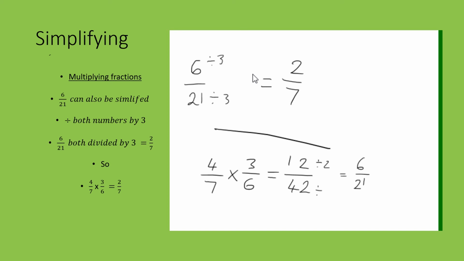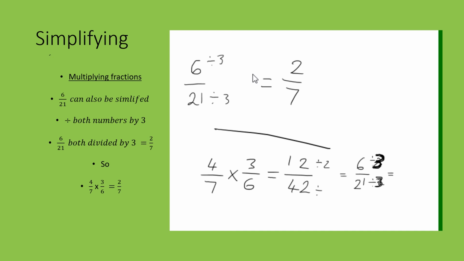And then you can divide it again and think, right, what else can go in here? How about dividing it by 2 again? Well, we can't do that because 21 won't be able to divide by 2, can we? So we've got to think of another factor. How about 3? Will 3 go into 6? Yes. And will 3 go into 21?